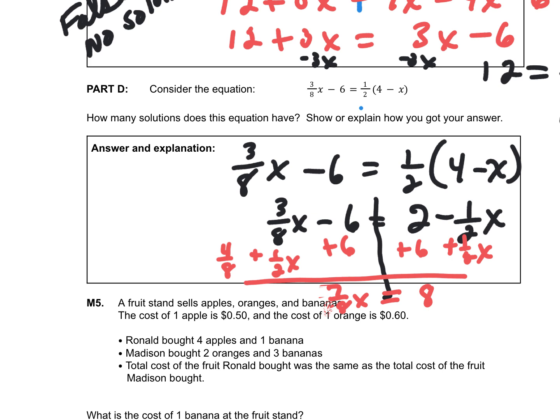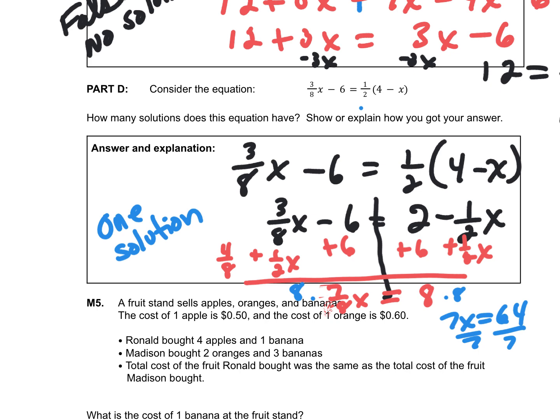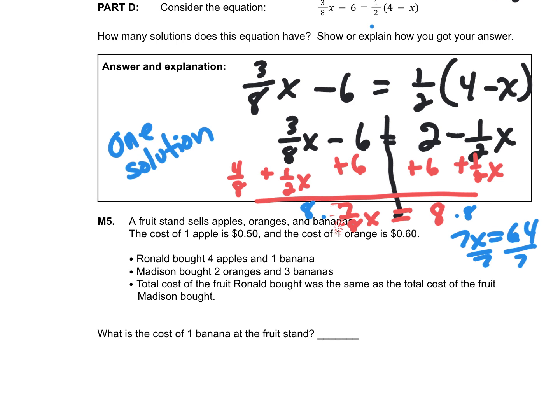And you can keep solving it. And divide by 7. So one answer, one solution. And I feel like I've made a mess of things.